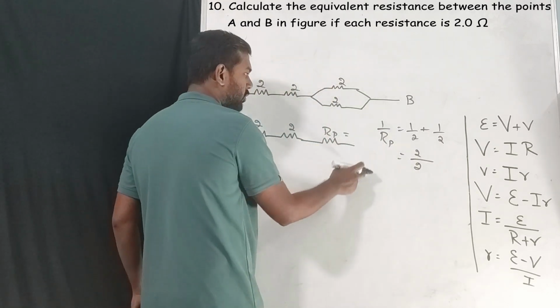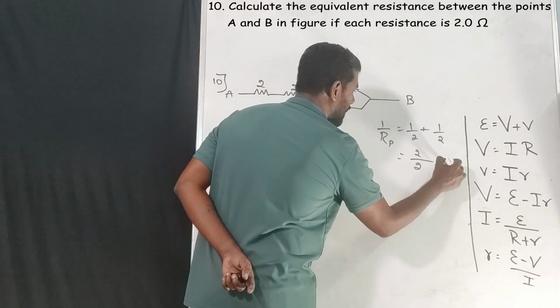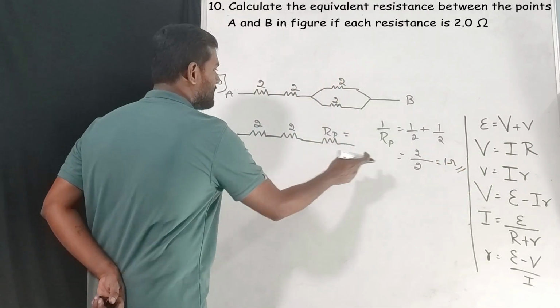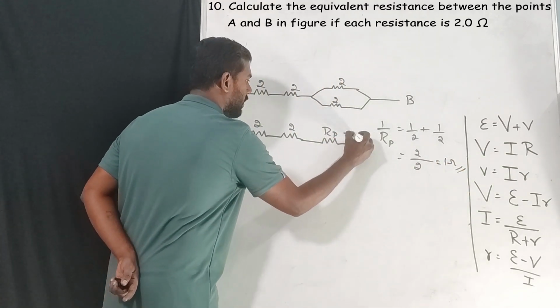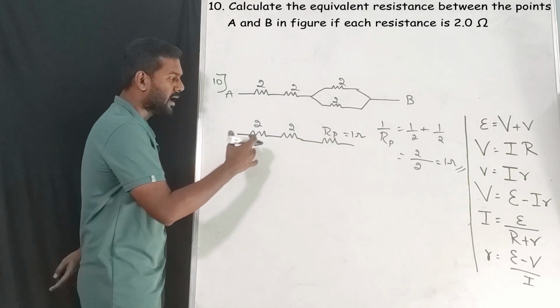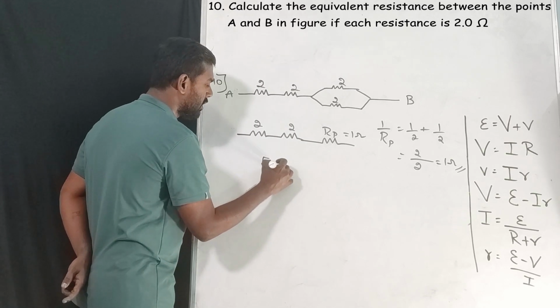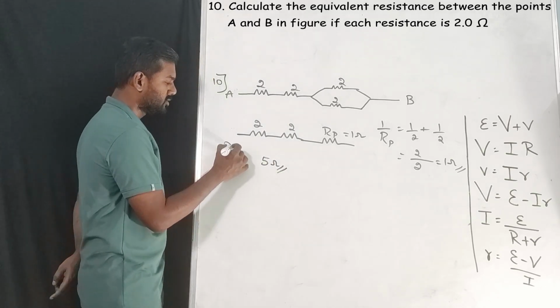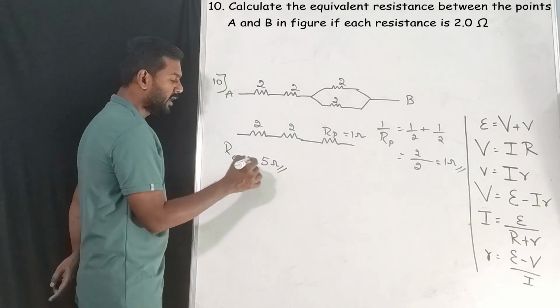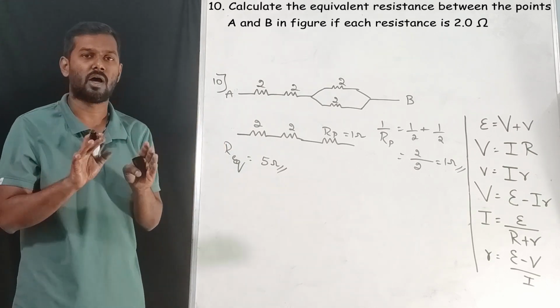You have to take the reciprocal, because it is 1 by RP, and the reciprocal is the same, so the answer is 1 ohm. So RP is 1 ohm. Once all of them are in series, the method is just addition: 2 plus 2 plus 1, which is 5 ohm. That's it. So Req means equivalent resistance, or you can call it effective resistance also.